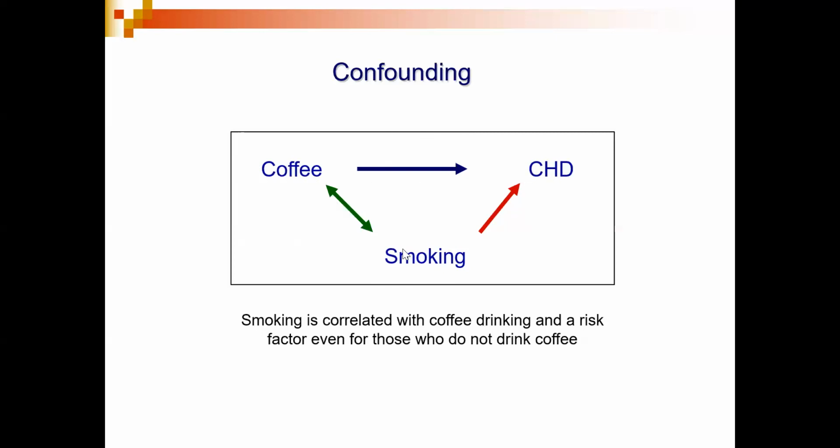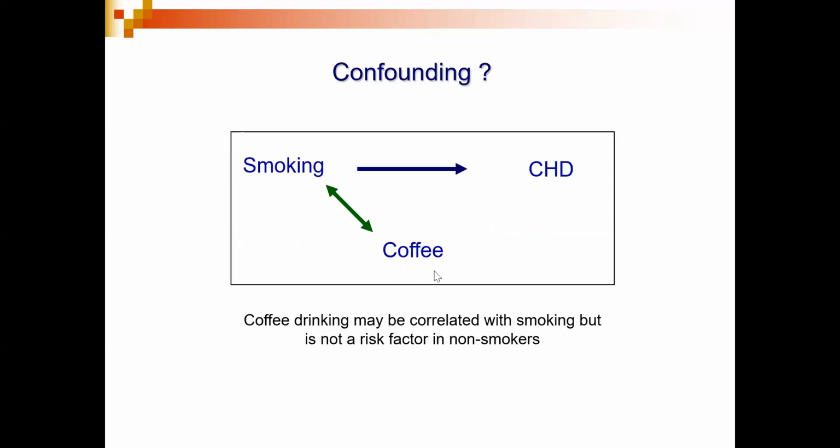Then this would be the alternative explanation for this relationship, since smoking is related to both congenital heart disease and coffee. So smoking is related with coffee drinking, and is also a risk factor for those who do not drink coffee. So in this case, smoking becomes a confounder.